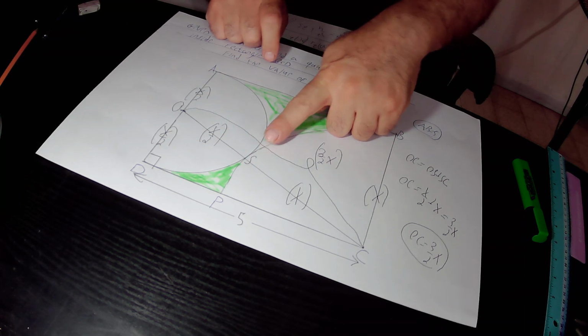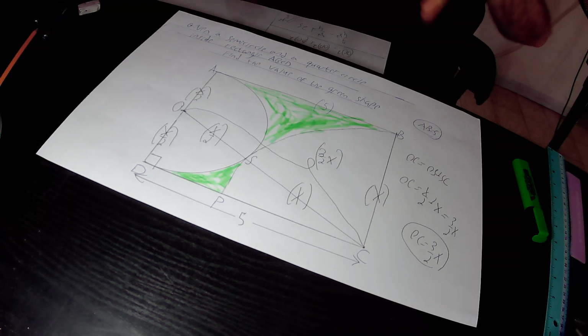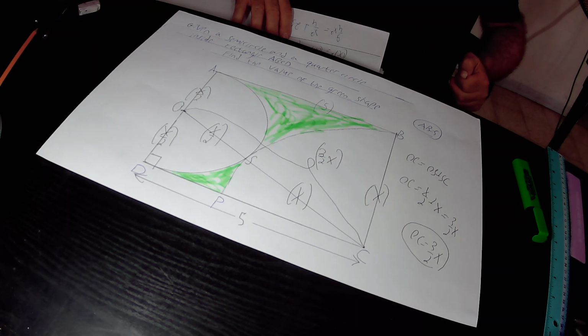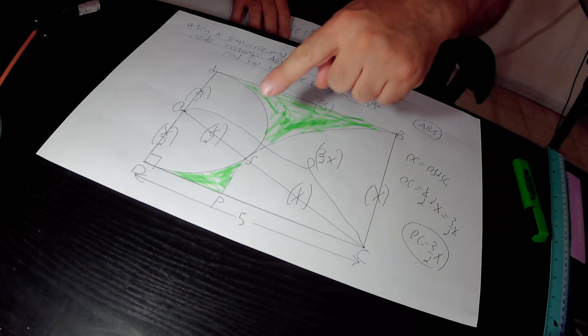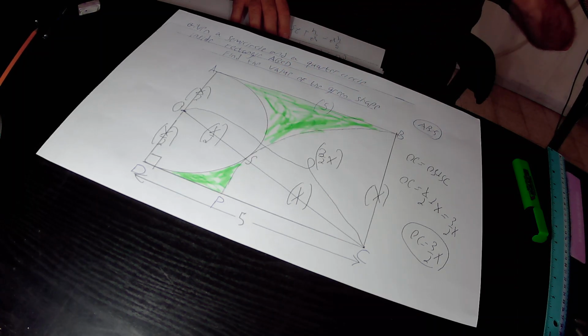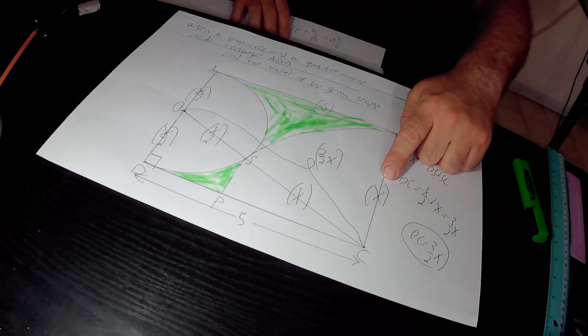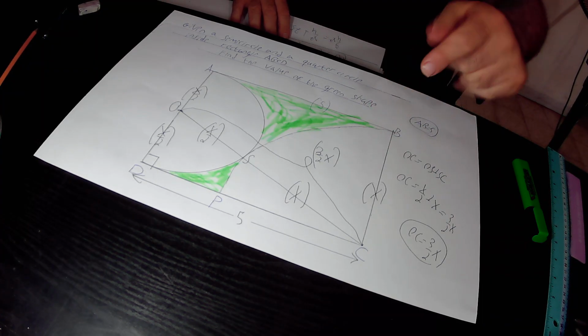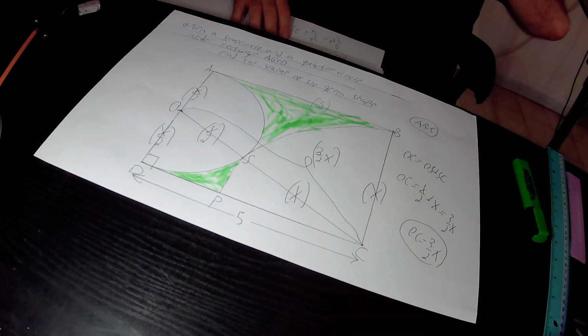Point S is their touching point. Again, our mission is to find out the area of this grand shape. So first of all, we defined the radius of this quarter circle as x. So BC, that is the radius of this quarter circle, equals x units in its length.